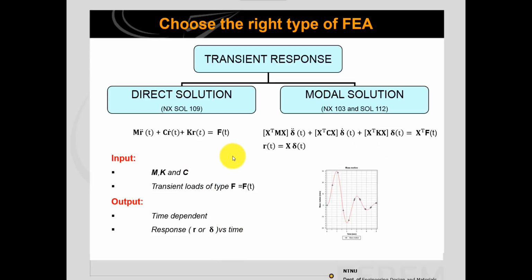If we look at transient response analysis first, you have the direct solver, SOL 109, which is calculating the nodal displacements directly when you have loads as a function of time. And then you have the modal solutions, and NX SOL 103 RS is one of them. In addition, you can choose 112. What you do then is to apply time dependent loads. You do a modal transformation of the equation system, and you calculate the modal participation factors as a function of time.